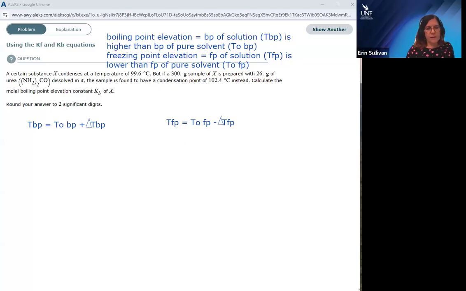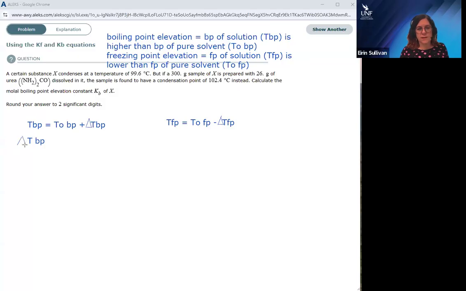The Kb and Kf expressions are just going to be relating to the difference in temperature for both of them. So delta T for the boiling point, we can calculate that by taking the constant, which is Kb, times the molality of that solution.